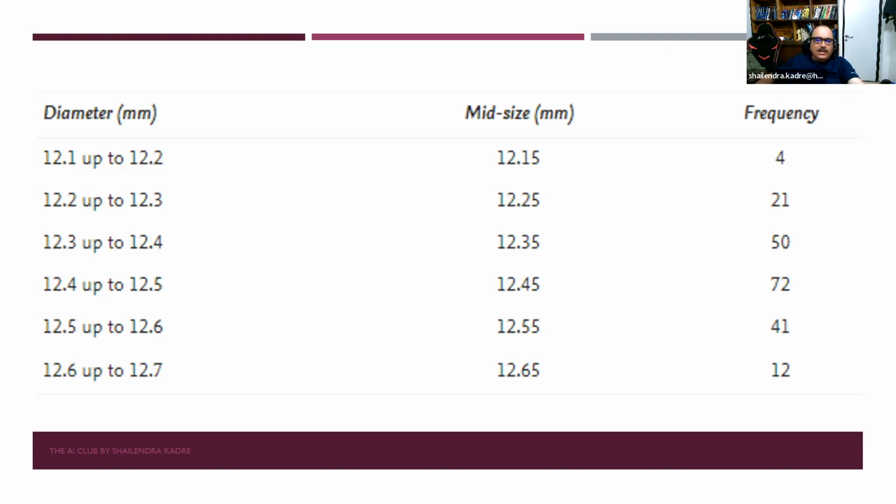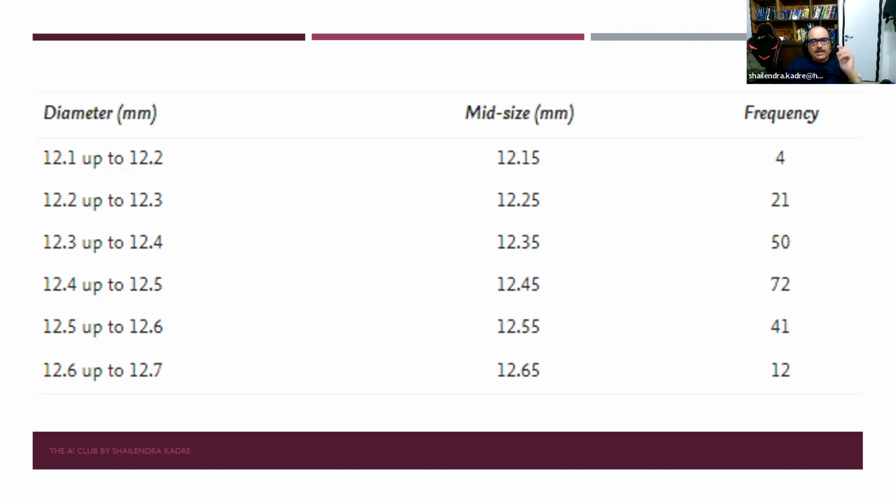Everybody knows the vernier caliper because we learned it in our physics lab. If you have forgotten, it is used to measure length, and diameter is also a kind of length. I want to manufacture bolts of 12.5 mm; my precise size should be 12.5 mm.